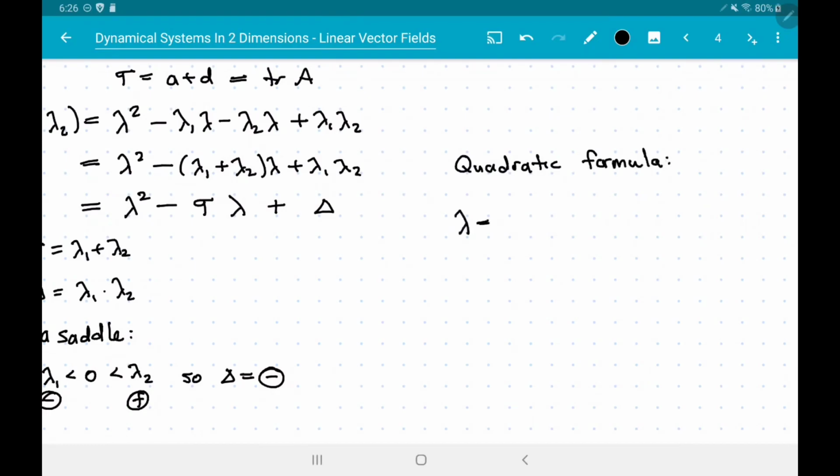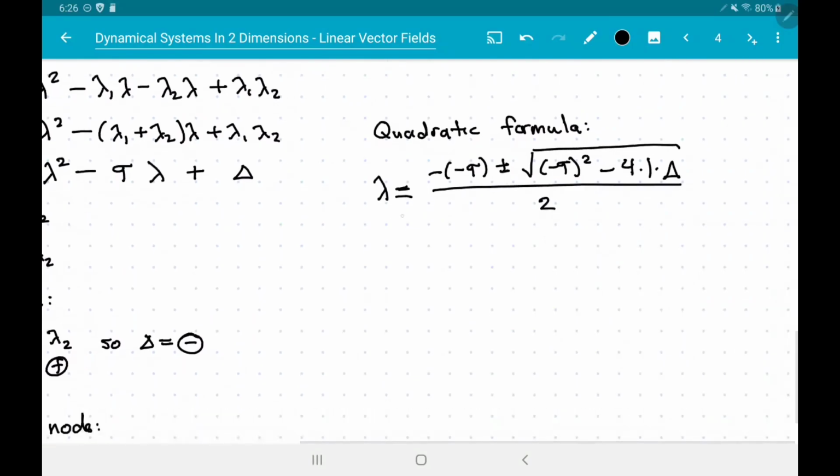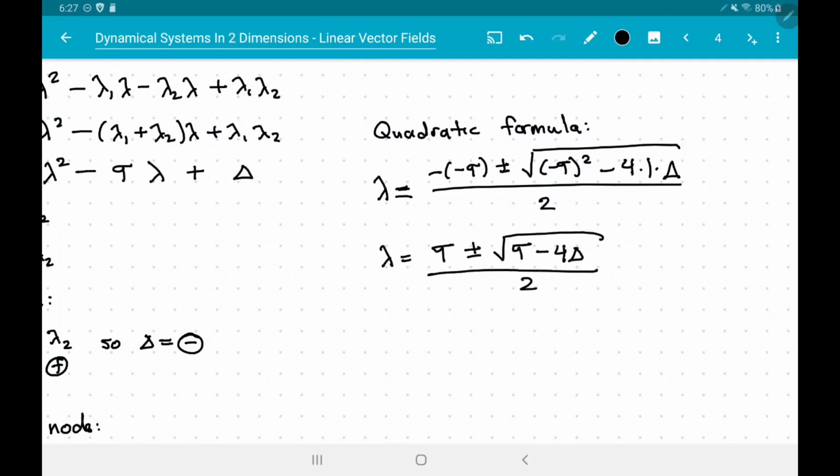So here we go. Lambda equals negative of minus tau plus or minus the square root of minus tau squared minus 4 times a times c, delta, all over 2. And when you simplify this, we get tau plus or minus the square root of tau squared minus 4 delta over 2.